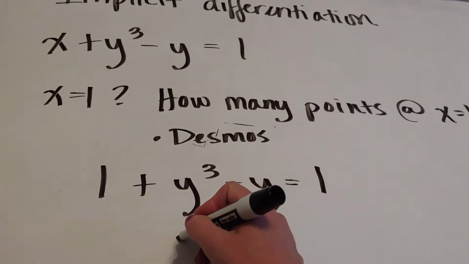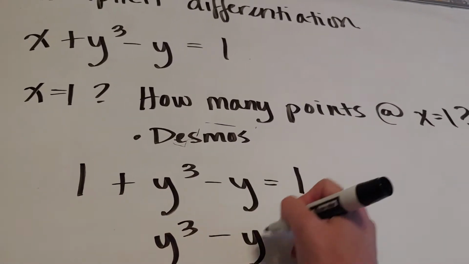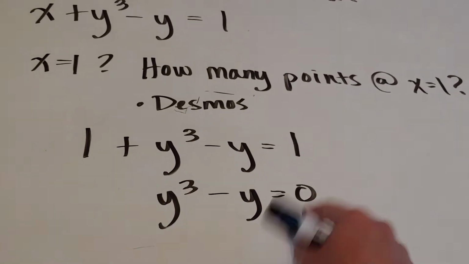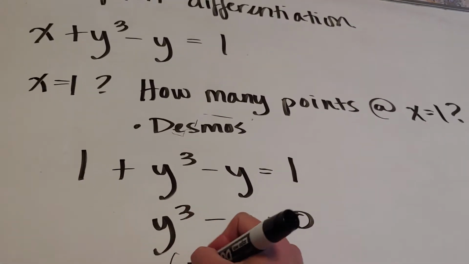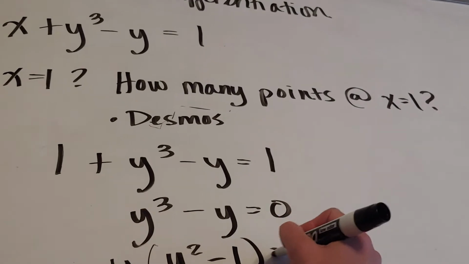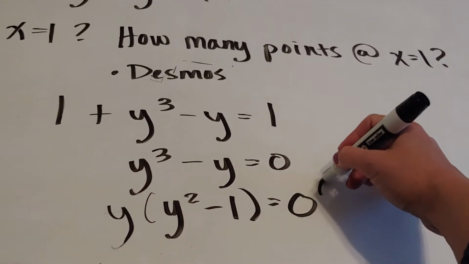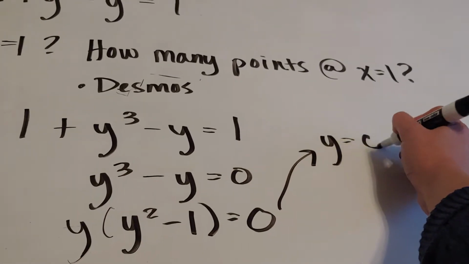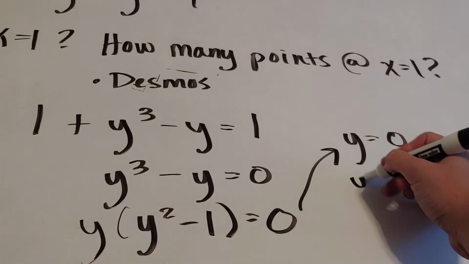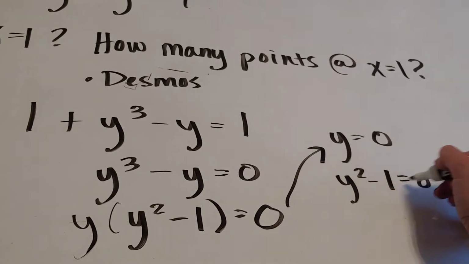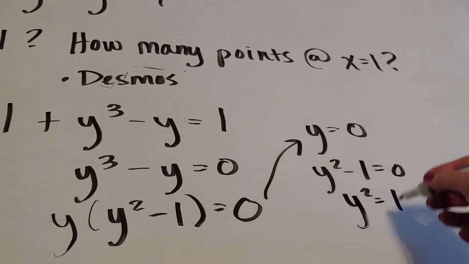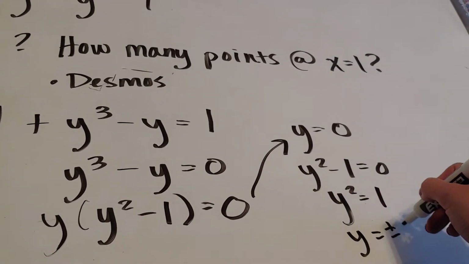And what I'll get is y cubed minus y equals 0. And this we could actually solve by factoring. So if I factor out a y, I would then get that y is 0. I'd also get that y squared minus 1 is 0, which would be the same thing as y equals plus or minus 1.